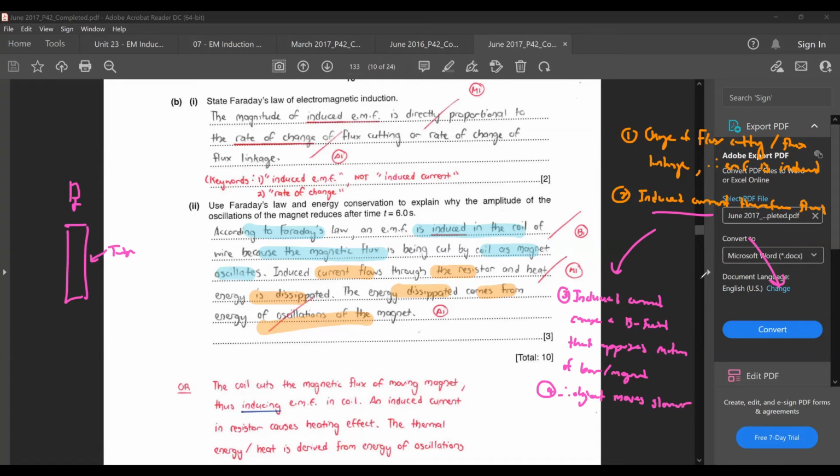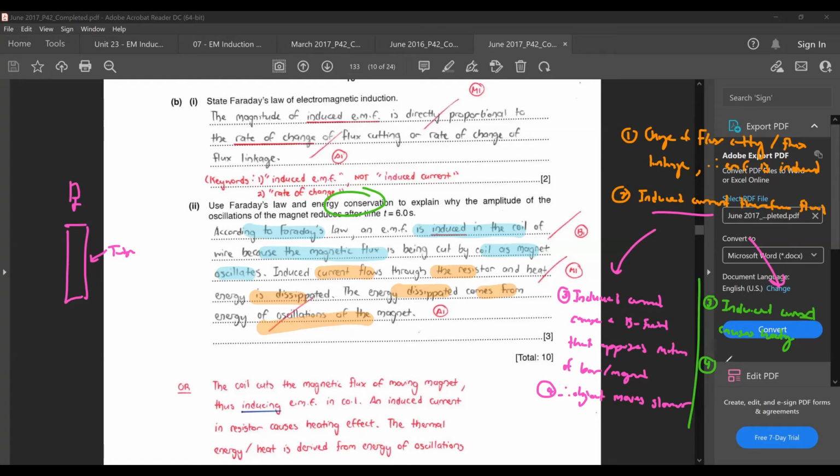Here, in our case, because the question says use energy conservation, we won't use this kind of answer anymore. Instead, we will try to write it in terms of energy. So what we'll do here is probably something like this, where instead we say the induced current causes heating.